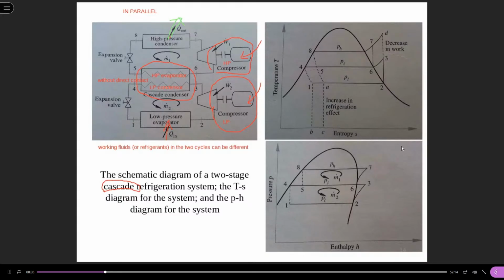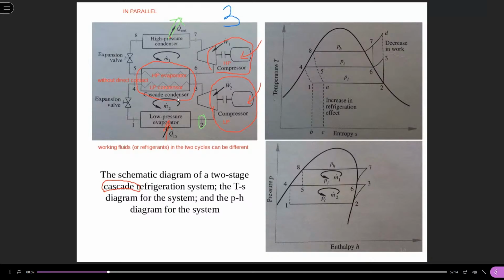As in the standard vapour-compression refrigeration cycle, we need to understand there are three important pressures.